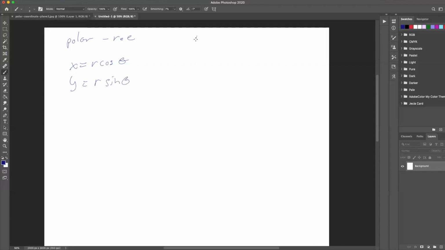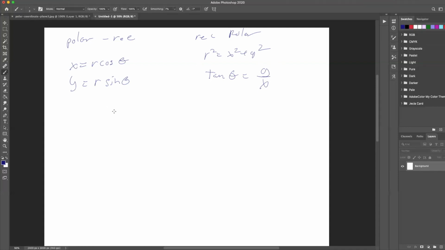If I want to go from rectangular to polar, I use r squared equals x squared plus y squared, and tangent theta equals y over x. You use these two to go from one to another.